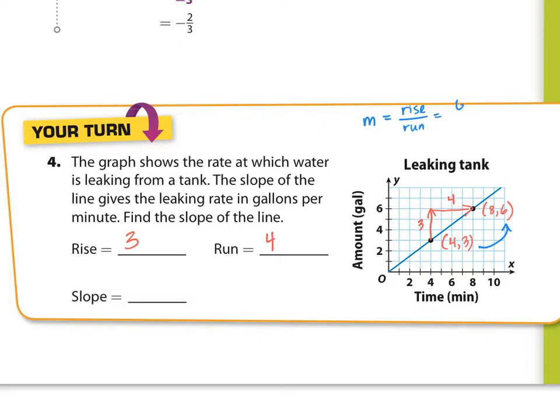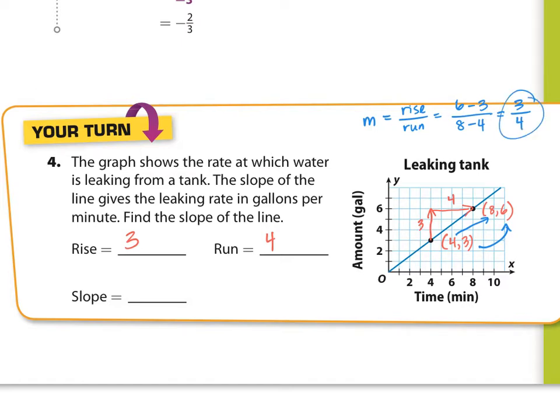So that means I'm going to take 6 minus 3. And then for the run, it's the x coordinates. I'm going from 4 to 8. Okay, I'm going to draw the arrow there, from 4 to 8, which means I take 8 minus 4. So when I actually subtract these, 6 minus 3 on top is 3, and 8 minus 4 on the bottom is 4.